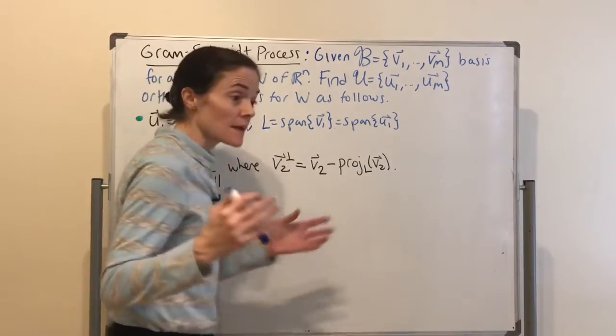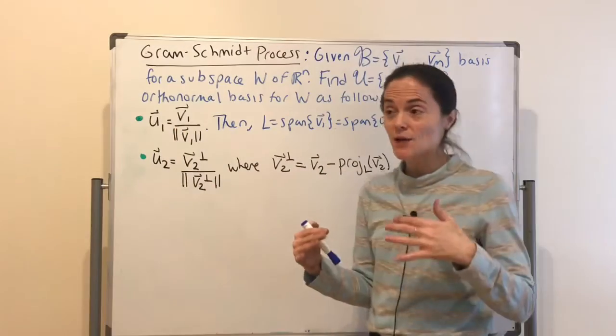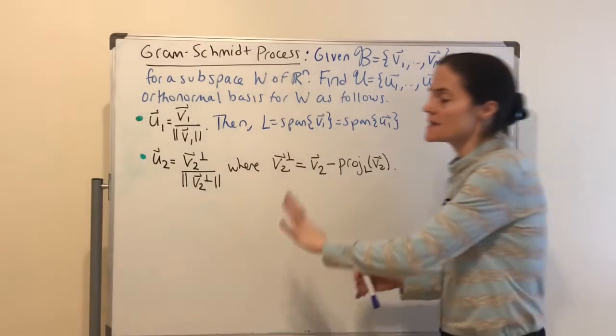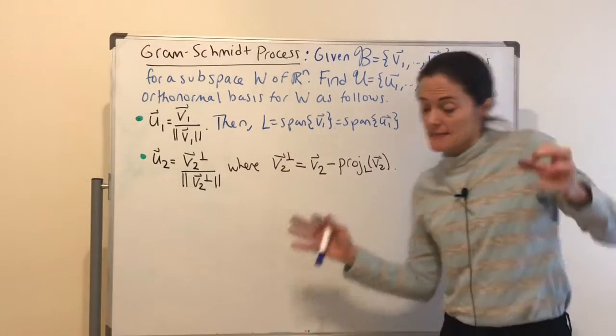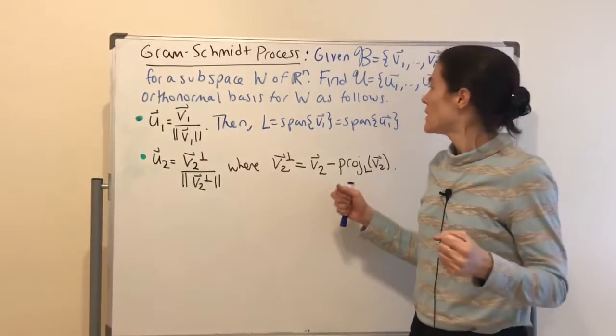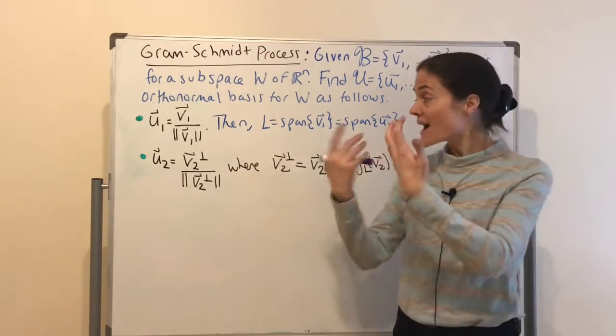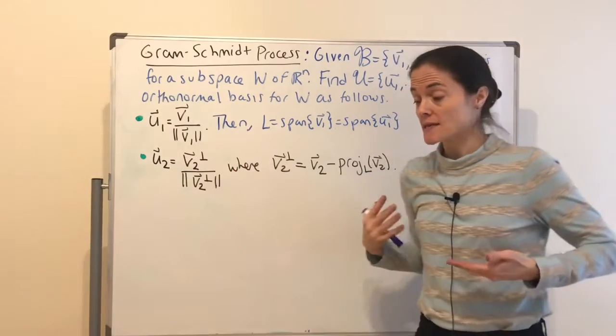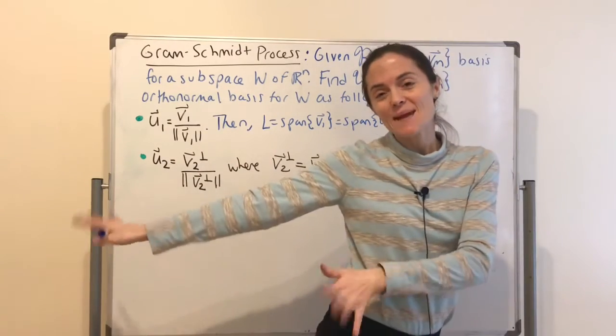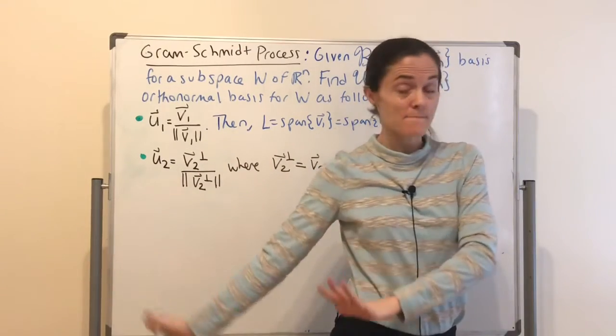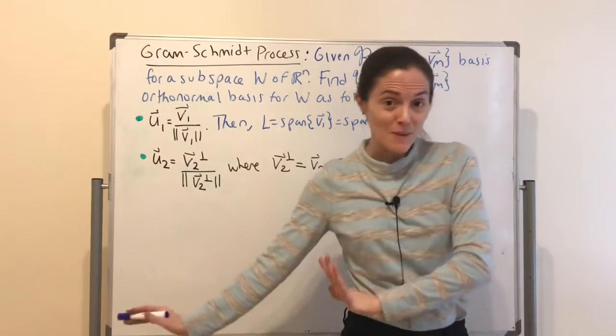Well, then we would continue. This process is very nice because at any step J, where J goes, technically, between 2 and m, you construct Uj based on the previous J minus 1 vectors that you have made. Okay, so that's what I'm about to state.